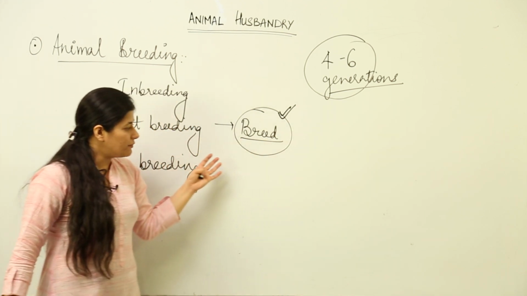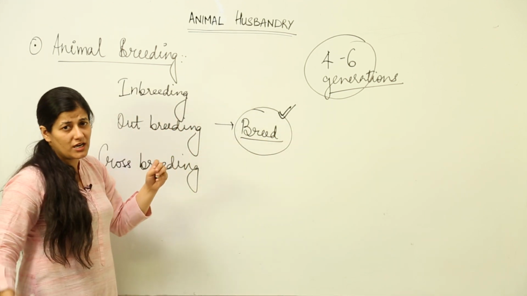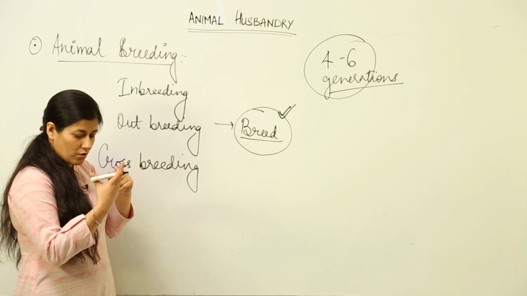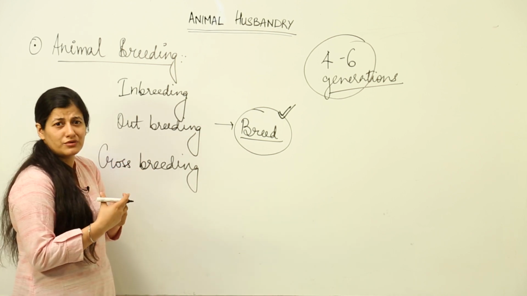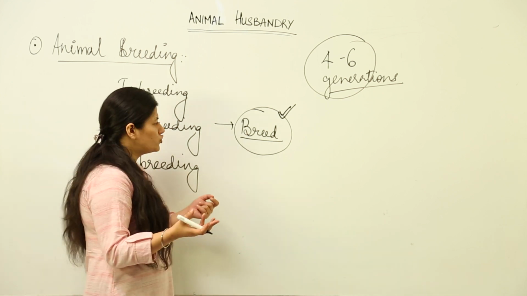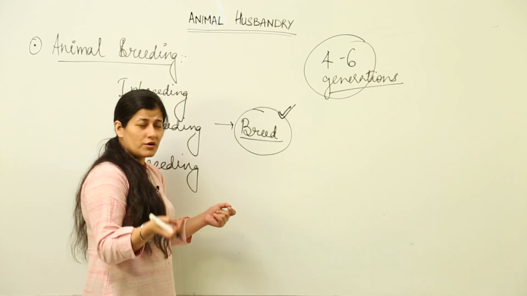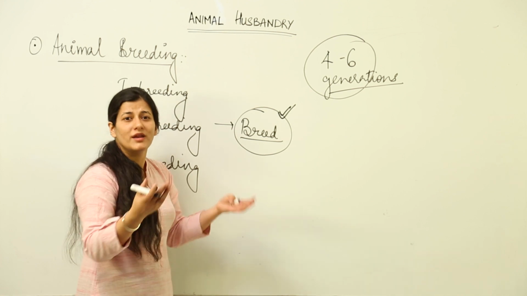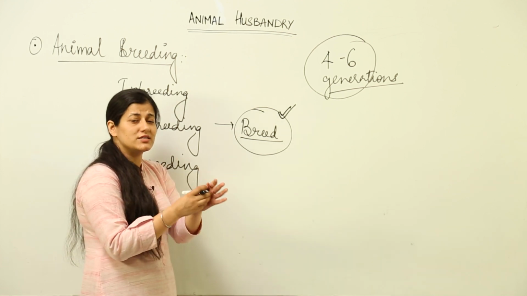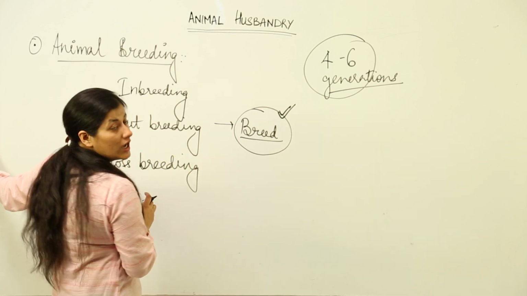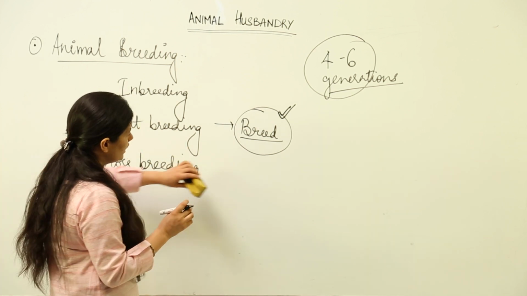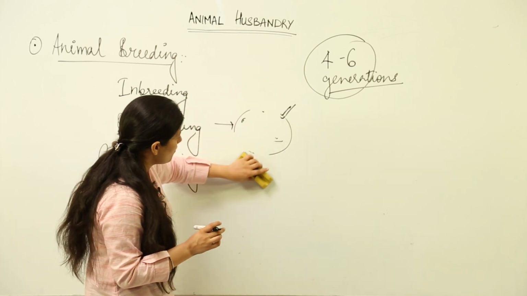The simplest example is the breeds of dogs. If you go out and take a stroll, you would find many breeds: Labrador, Pooch, Pugs, Rottweilers, what not. Why are they a breed? Because they have common ancestors for 4 to 6 generations. That makes a breed.